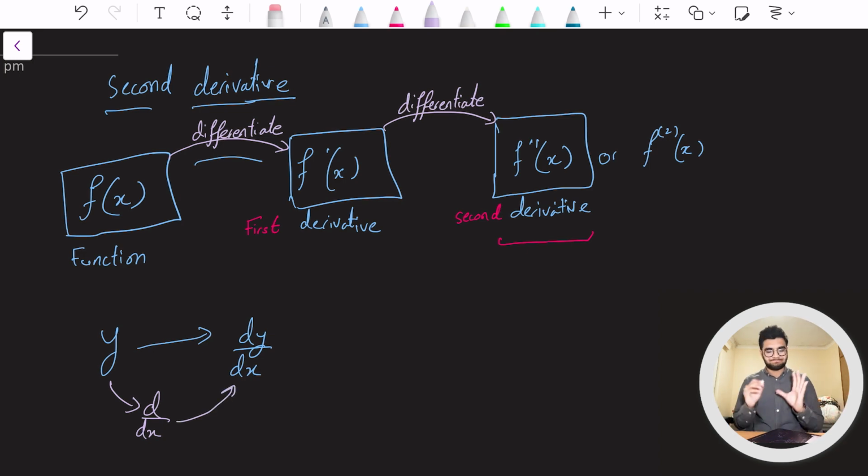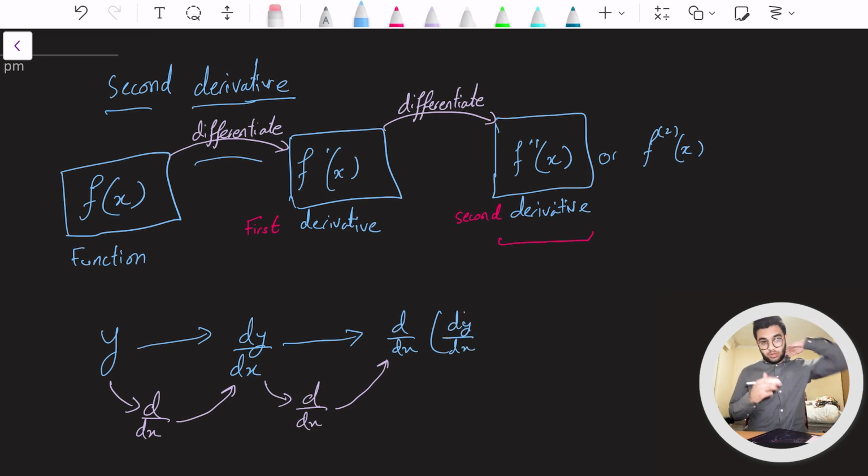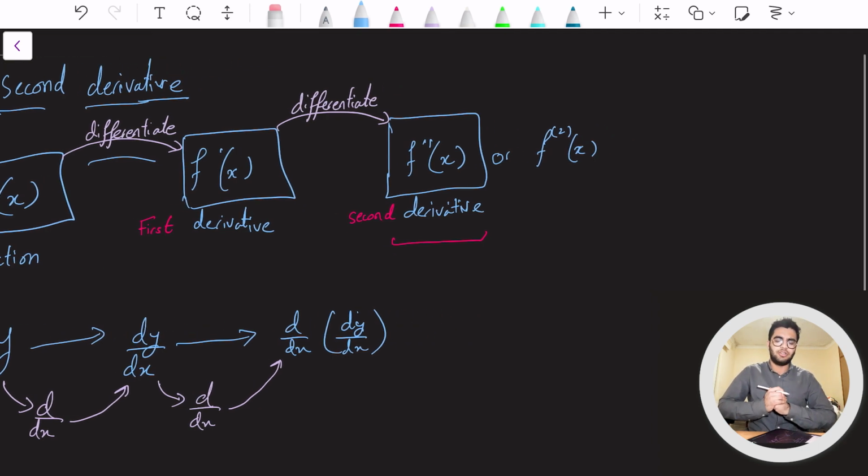So when I do this process again, why don't I just do the same thing? I take this and slap the d on dx behind it. And that is what the second derivative is in this case. That is how you denote it when you start with y.